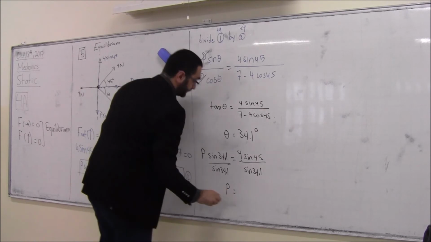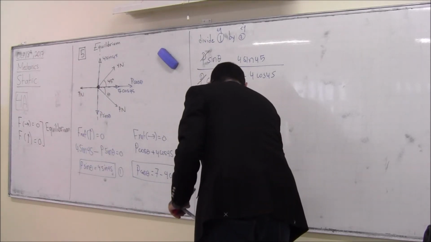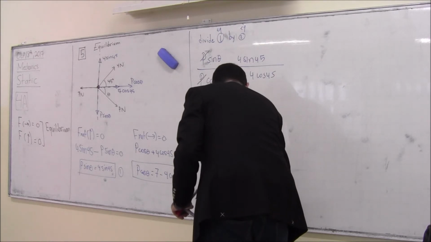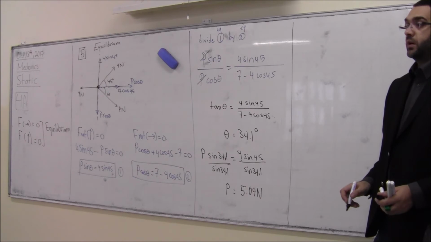P equals 5.04. 5.04 or 5.0, 2 or 3 significant figures are enough.